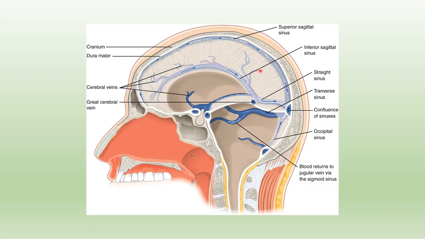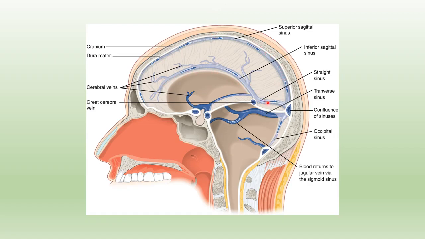So, like we said, the fluid leaves the blood in the arteries, forming the cerebrospinal fluid. How do you get it back? Well, here's your superior sagittal sinus, here's the inferior sagittal sinus. And you see this is all going to start to flow towards the back along here.